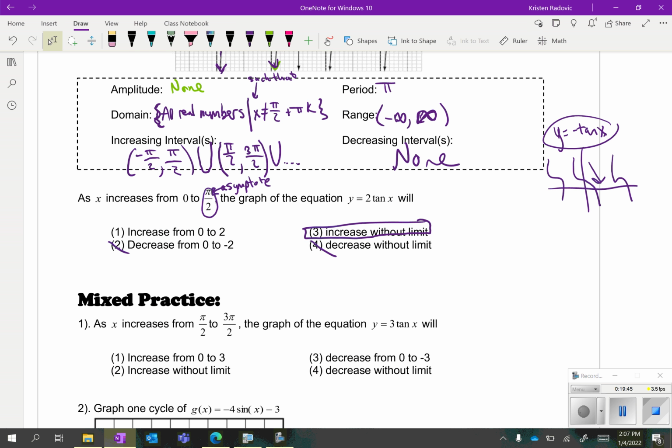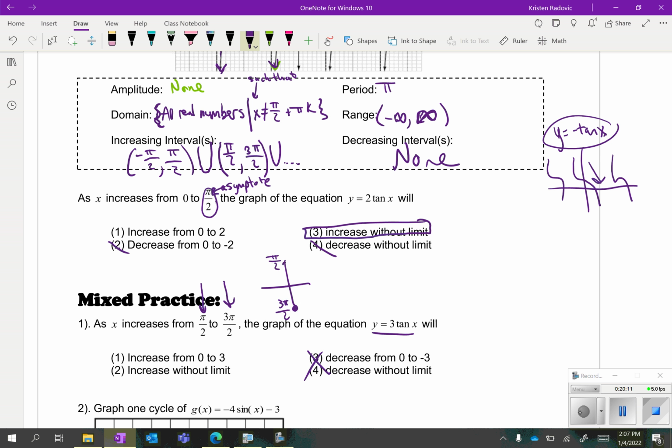For example, if you see number 1, as x increases from pi over 2 to 3 pi over 2, what will tangent do? This is a positive tangent graph. It will never decrease. Now, pi over 2 is an asymptote. 3 pi over 2 is also an asymptote. Remember, pi over 2 is up here. 3 pi over 2 is down here.